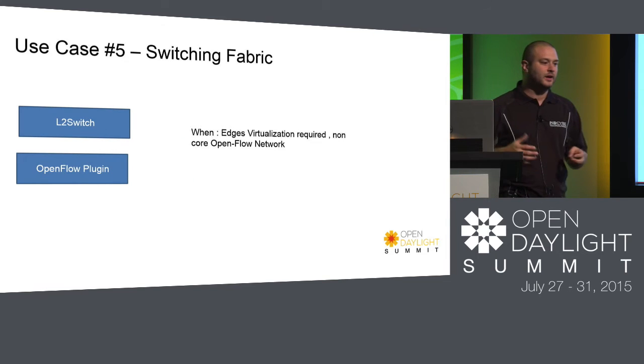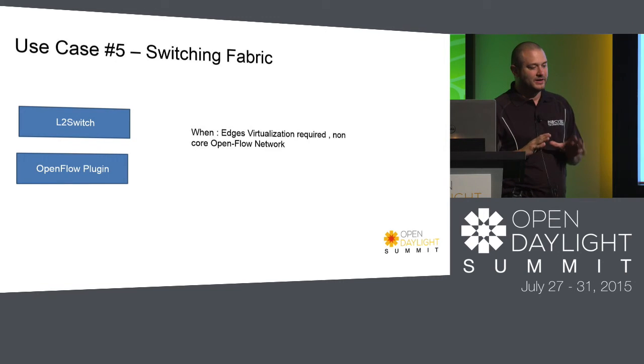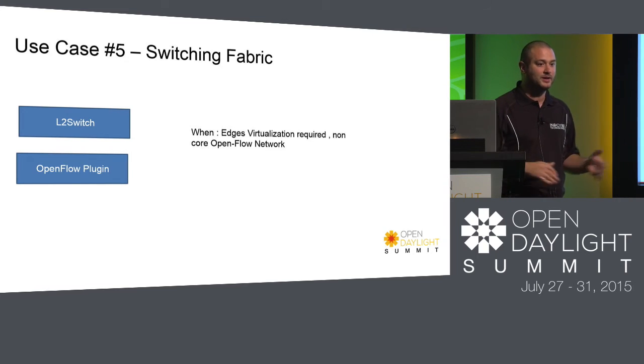And then another one which you'll find is very, very simplistic, but I do see people asking for it, which is just a basic L2 switching fabric. They just want things to work when they plug it in. In other words, no advanced networking management.